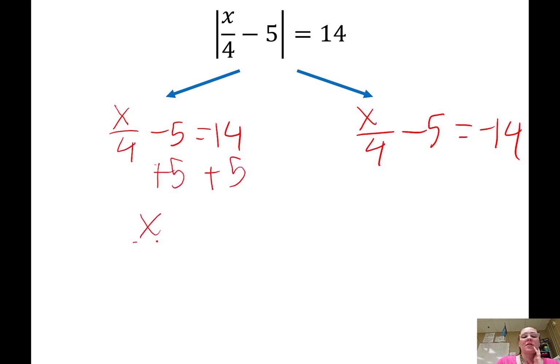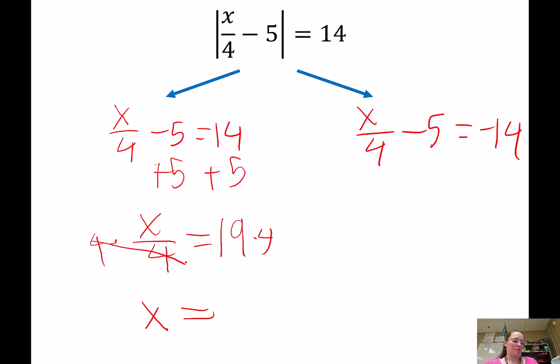I get x over 4 equals 14 plus 5 is 19. Times by 4, and I get x is equal to 76. Same steps on the other one.